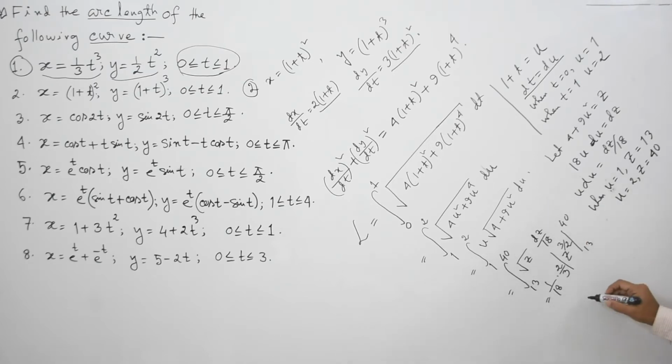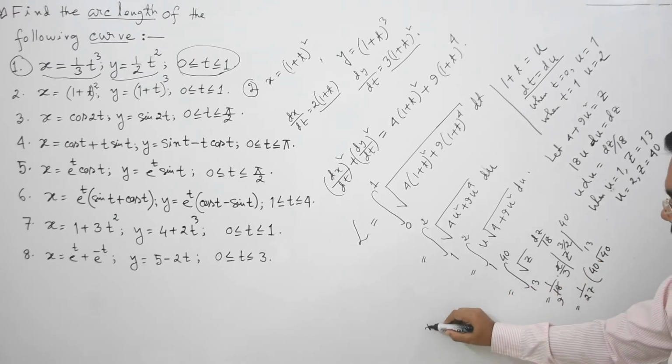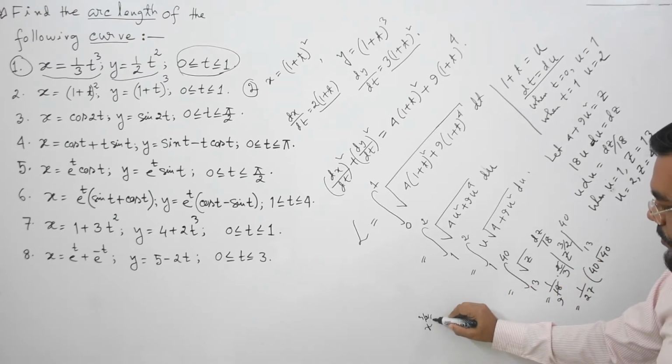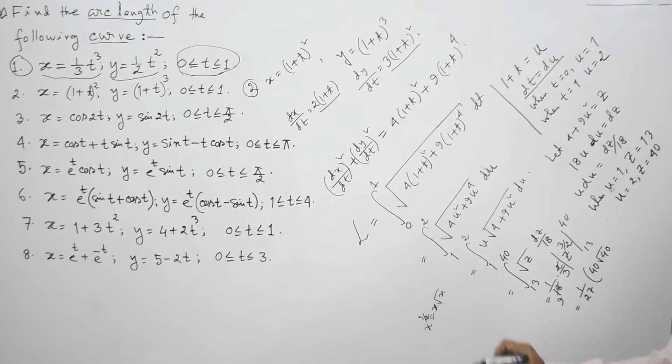So the answer will be 1 by 27. If we put 40 here, it will be 40 root 40, since x to the power 3 by 2 equals x root x. So 40 root 40 minus 13 root 13. So this is the answer.